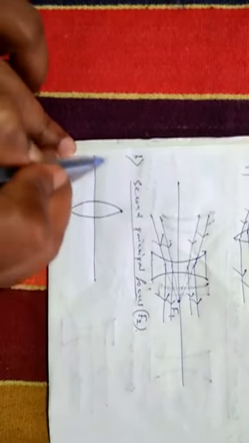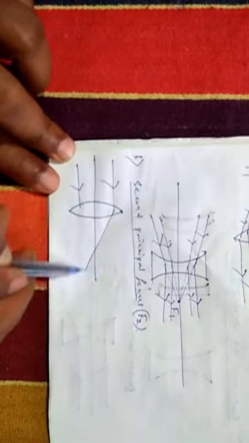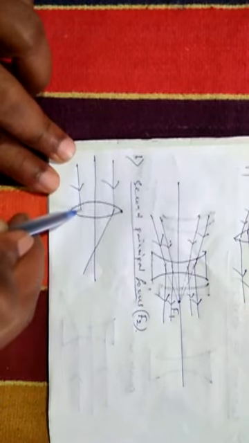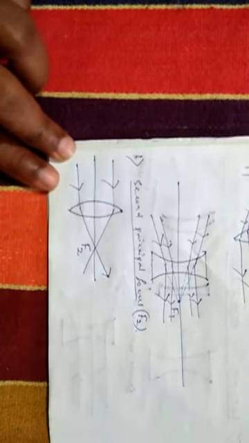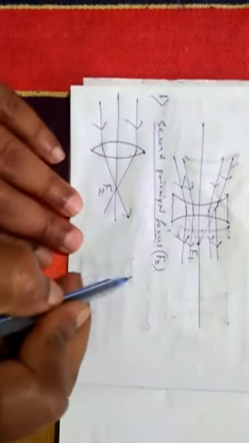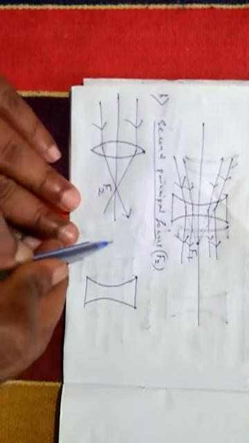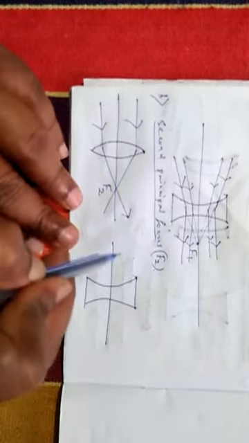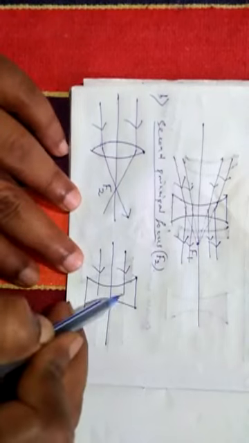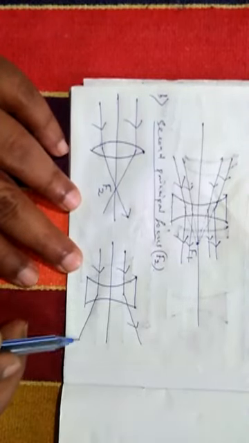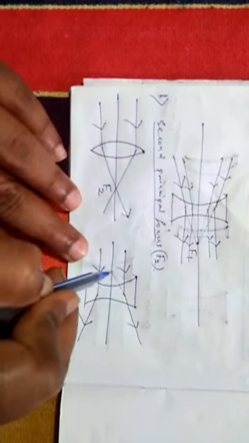This is the principal axis. If you take light rays parallel with the principal axis, after refraction they actually meet at a point in case of a convex lens. So this is called second principal focus F2. Or in case of a concave lens, if you take light rays parallel with the principal axis, after refraction the refracted light appears to meet at a point.